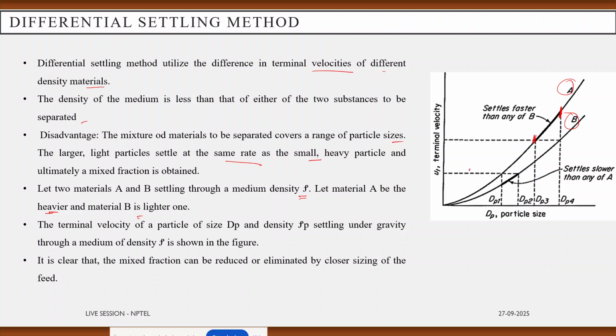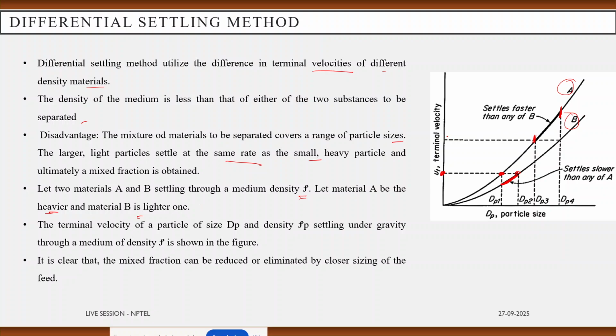Here, when we increase the particle size, at a constant terminal velocity, all the particles of material B show a much slower settling velocity than material A. So in this region we will get very clear-cut sorting between material A and material B.